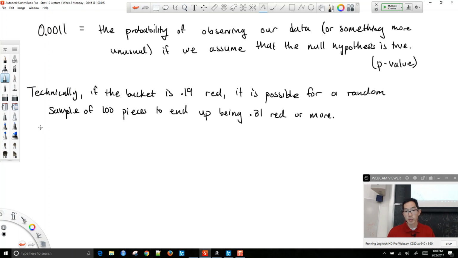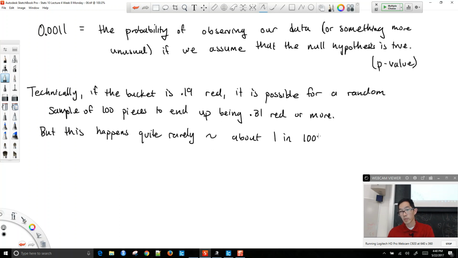So this happens quite rarely, only about 1 in 1,000. The probability is equal to 0.0011, so it happens about 1 in 1,000 cases.